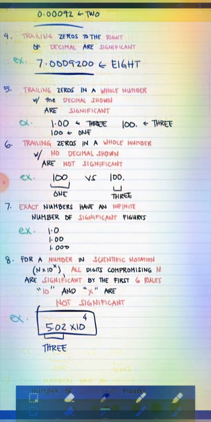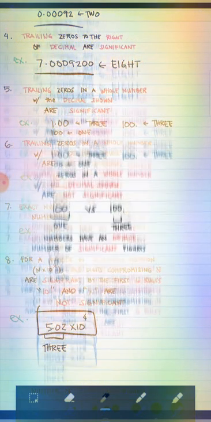To better understand all these rules, let's try it with this example. The question asks us, how many significant digits does 10.097 have? By rule number 1, all non-zero digits are significant.